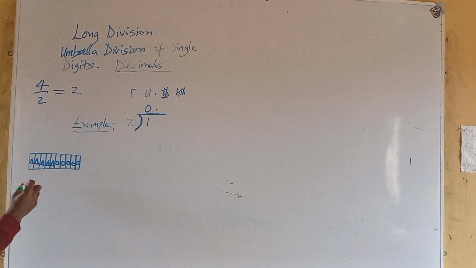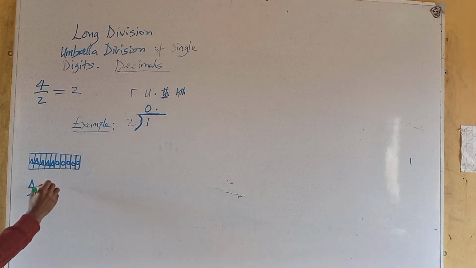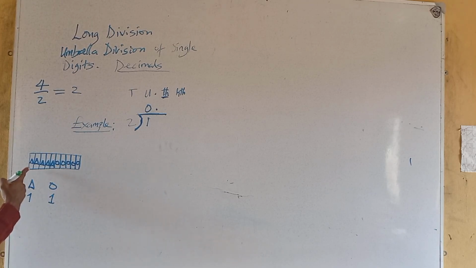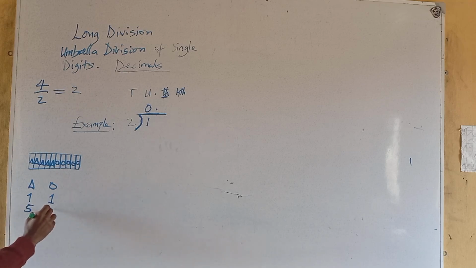So angle represents one person, and dot represents another person. How many does each person take? 1, 2, 3, 4, 5. So that means the angle has 5 and the dot has 5.